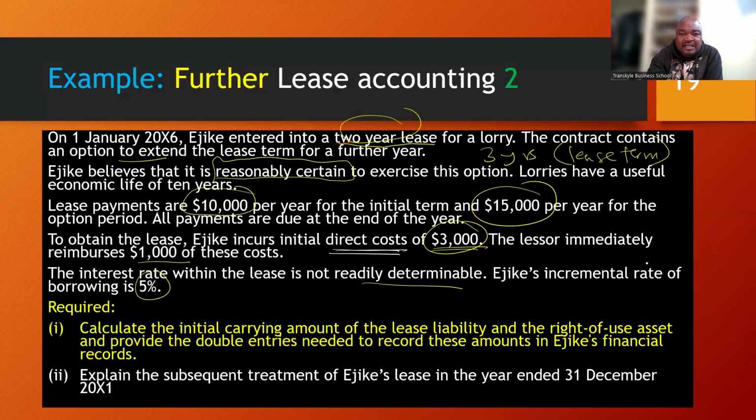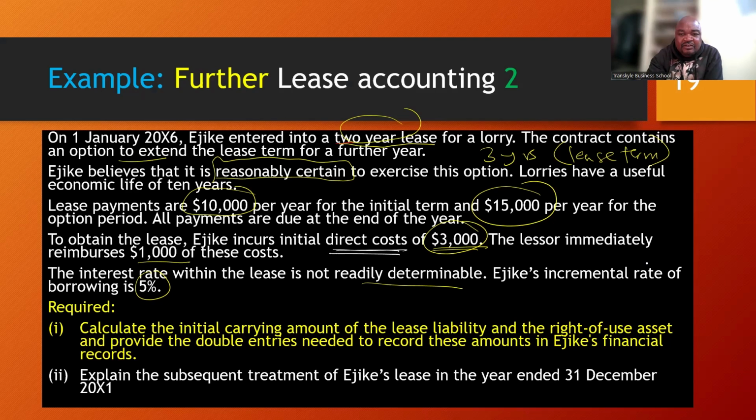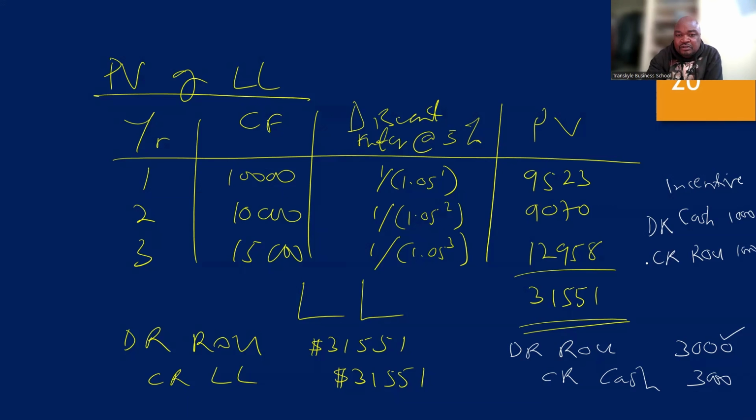We determined the right of use asset and the lease liability, and came up with the journals for that, and the journal for the direct costs which they incurred, where we are debiting ROU and crediting cash. Then we came to the incentive where they were being reimbursed something by the landlord. We have done that part.